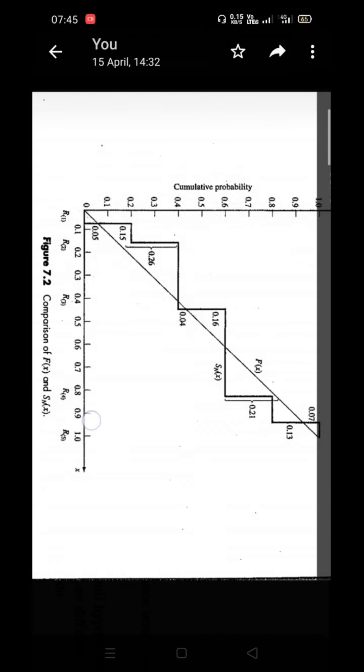And D minus at R3 is 0.04. Please compare these values: D plus is 0.16 and, see the difference, D minus is 0.04. Concentrate on the pointer and refer to the next statement.